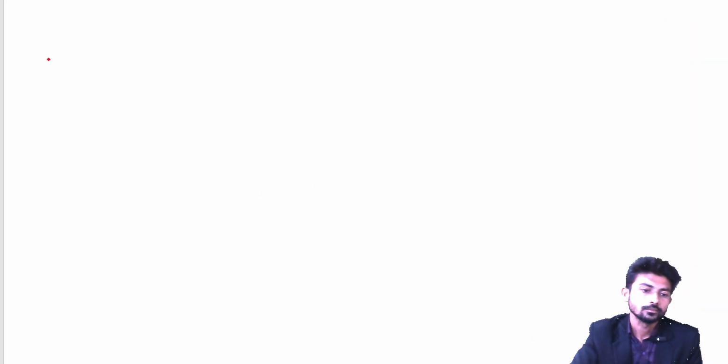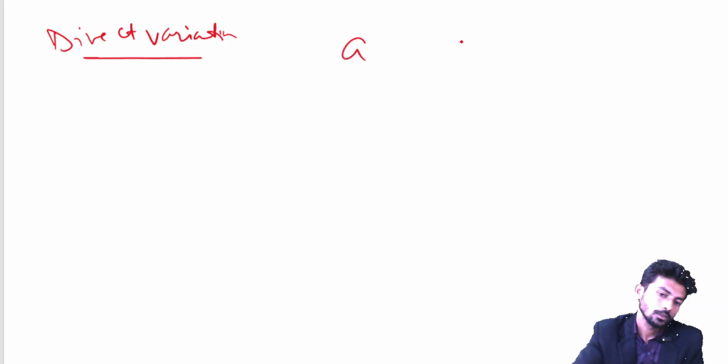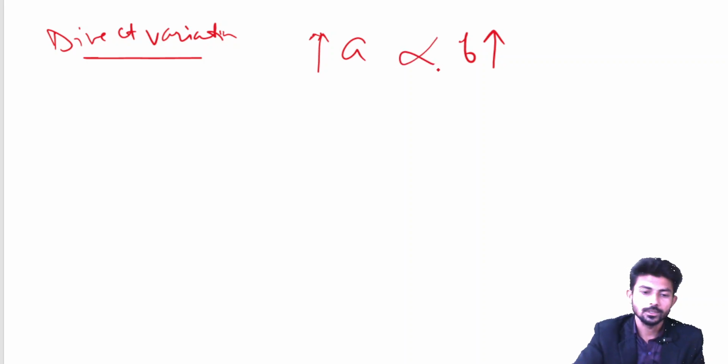If I'm writing here direct variation, the meaning of direct variation is, let's say there are two quantities. If by increasing B, A is also increasing, that is known as direct variation, and it is represented like this. This is the symbol of directly proportional.